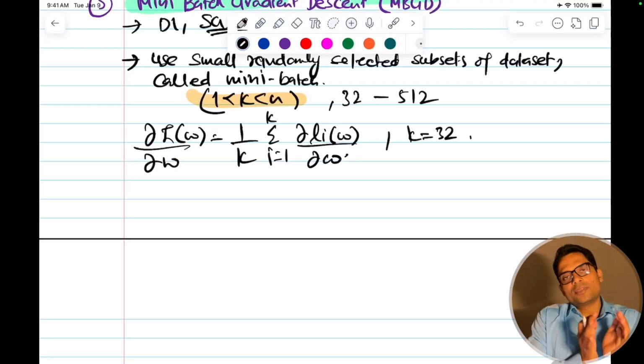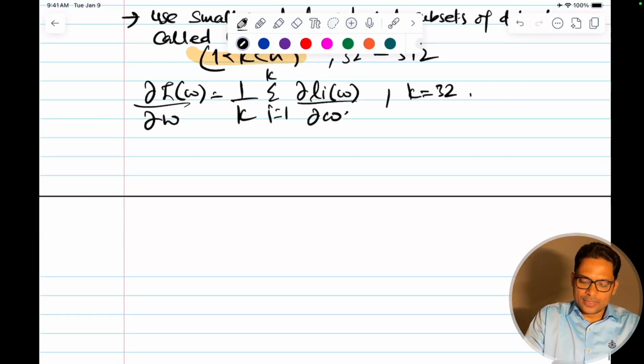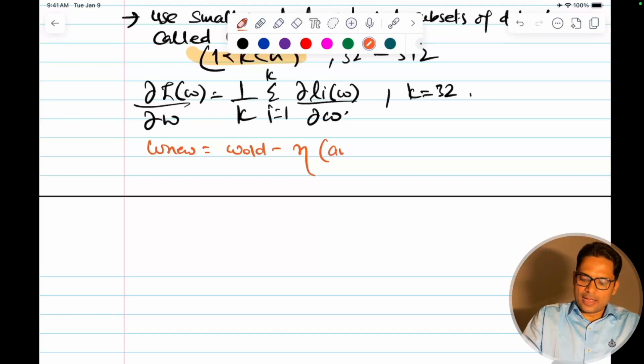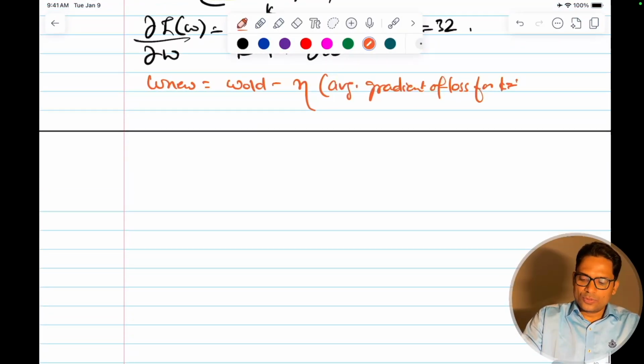I will take a subset of 32 data points, take the average of the loss, and use that for my parameter update. So W new will be equal to W old minus eta times the average gradient of the loss for k equal to 32 data points.